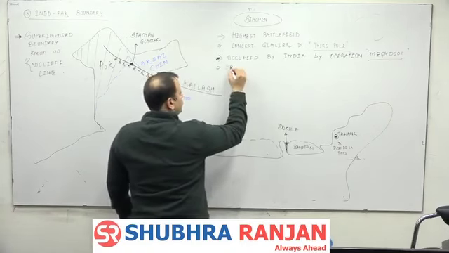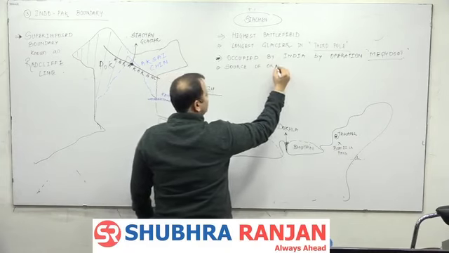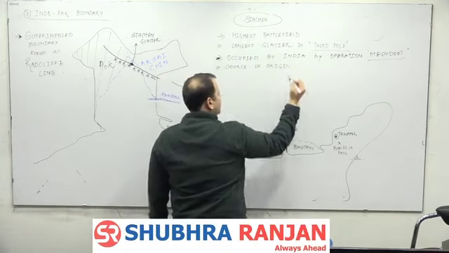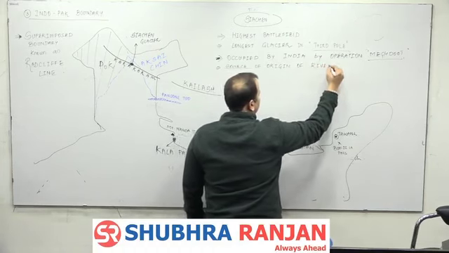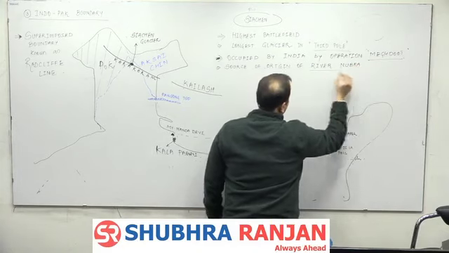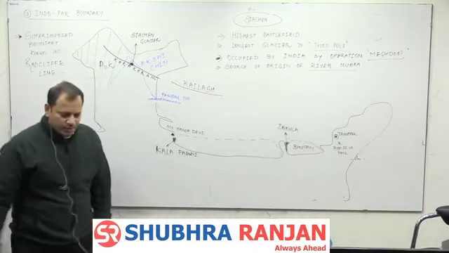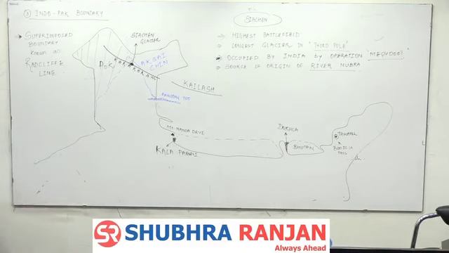It is the source of origin of which river? सियाचिन से कौन सी रिवर ओरिजिनेट होती है? It is the source of origin of river Nubra. So which river lies in the Siachen glacier region? It is the river Nubra.